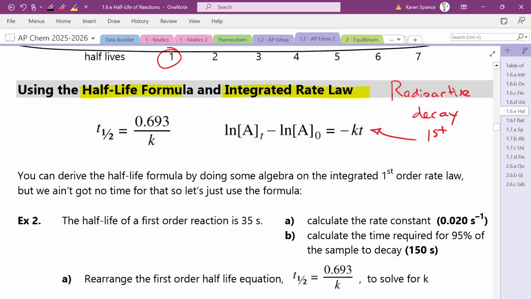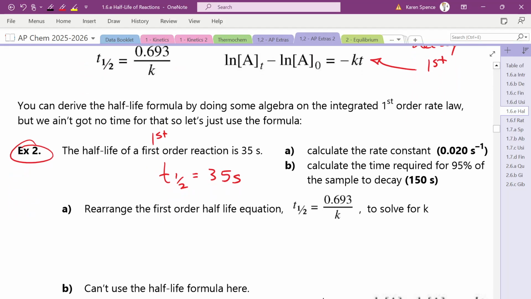So here's our example: the half-life of a first order reaction is 35 seconds. So T1/2 is 35 seconds. Please calculate the rate constant.